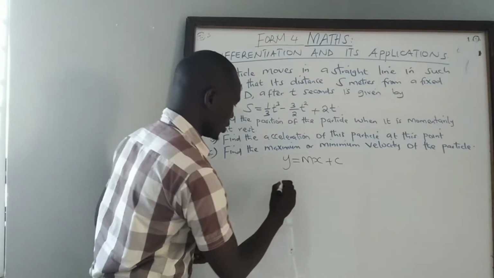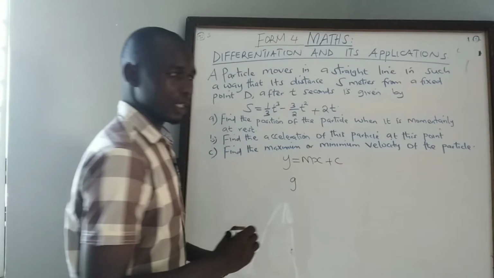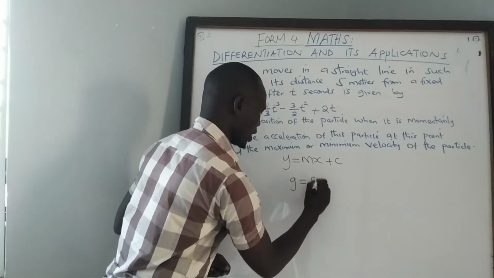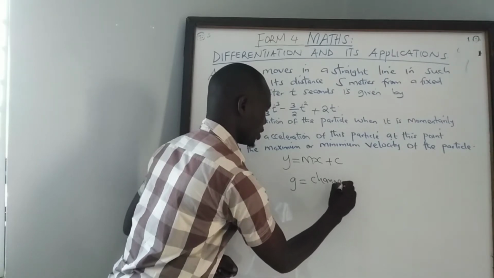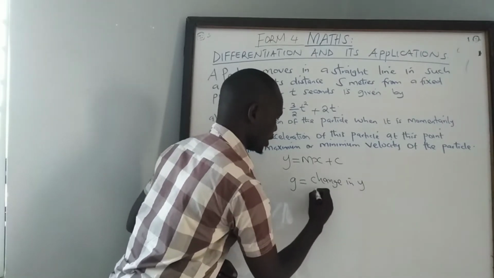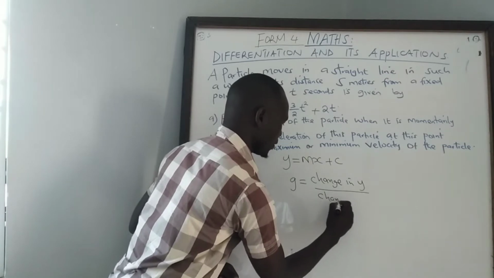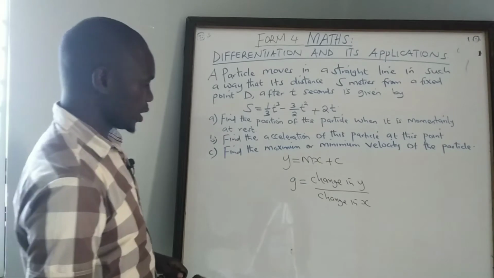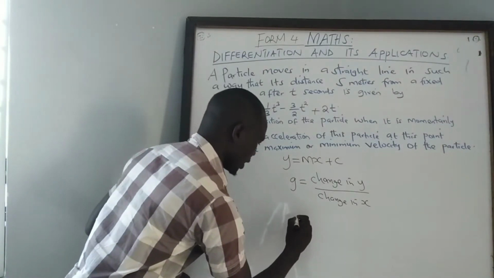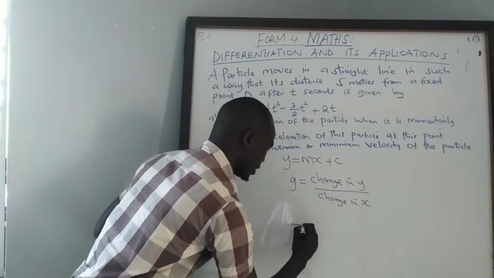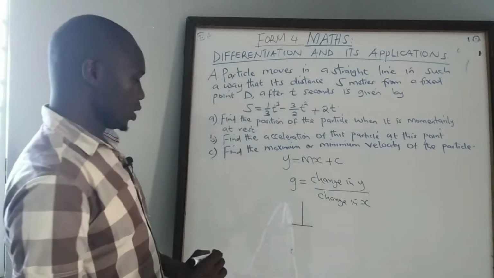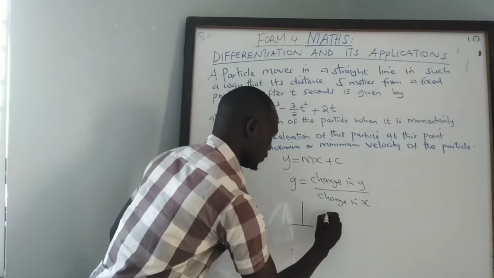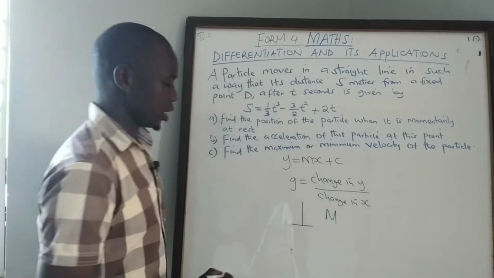We also looked at how one can find the gradient of a straight line, and we said the gradient is given by the change in y coordinates over the change in x coordinates. For perpendicular lines, two lines are perpendicular if the product of their gradients is -1.